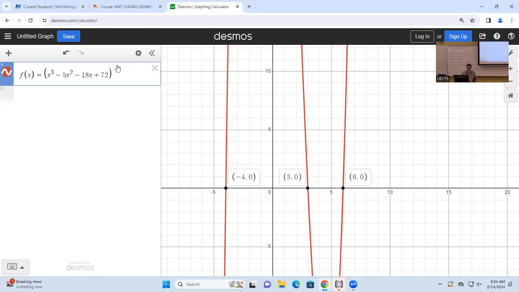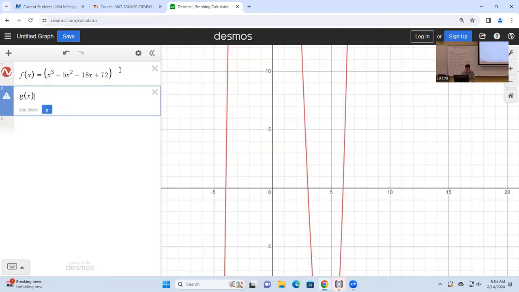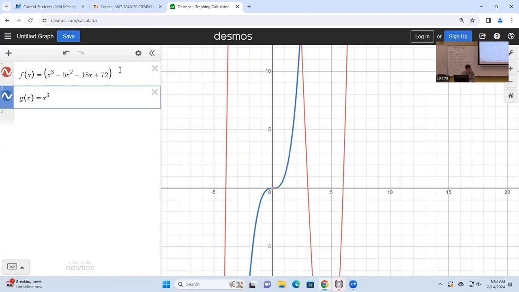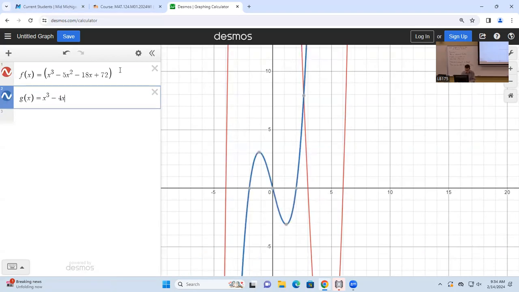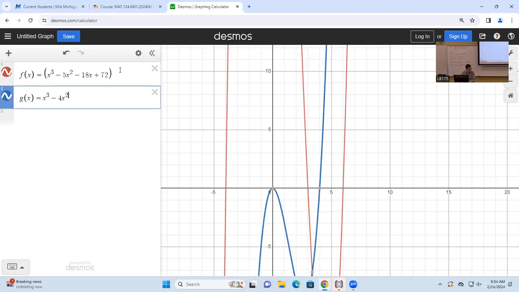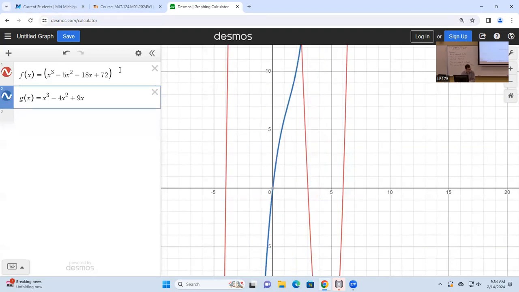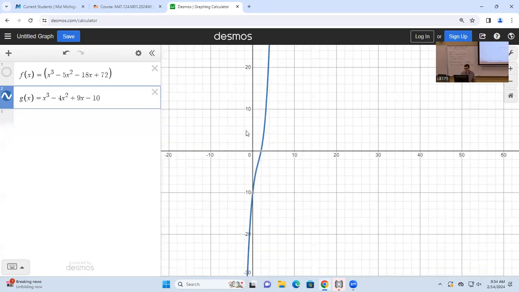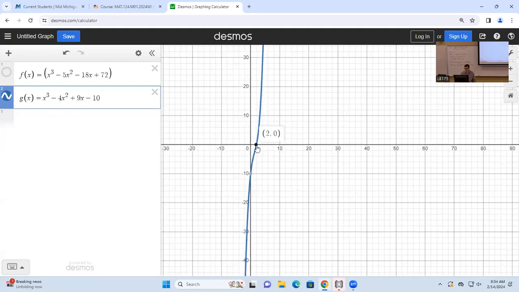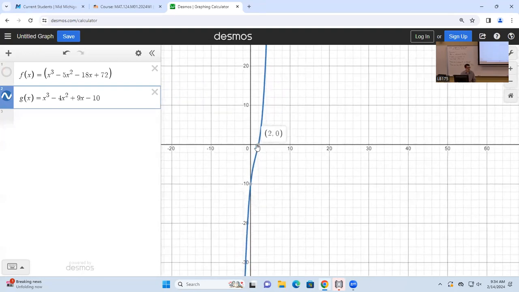Not every third power is going to end up with 3 zeros. Let's say I have g of x is equal to x to the third minus 4x squared plus 9x minus 10. That's a third power. But if you scroll out, you see that it only crosses the x-axis 1 time.